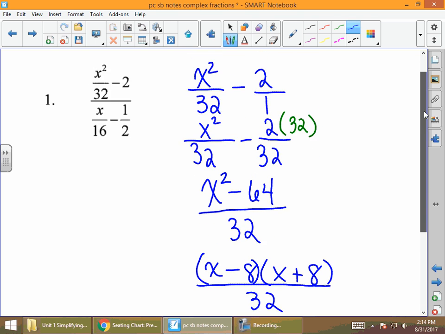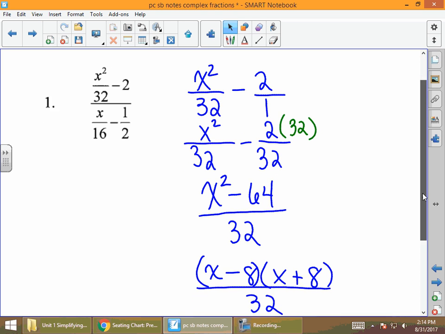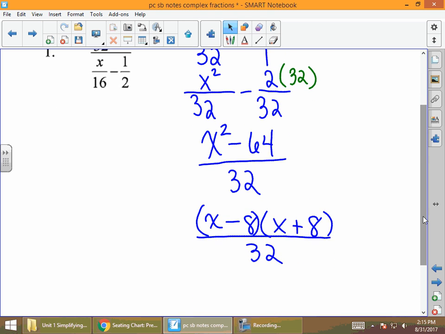I do want to go back and point out the fact that x squared over 32 is a fraction within a big fraction. We just focused on the top of that. We now want to focus on the bottom of the big fraction and what Kurt Weiler calls the minor fractions. X over 16 minus 1/2 is the minor fraction, and the overall problem is the complex fraction. But we need to simplify x over 16 minus 1/2.